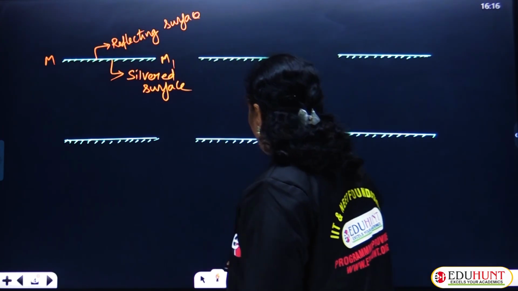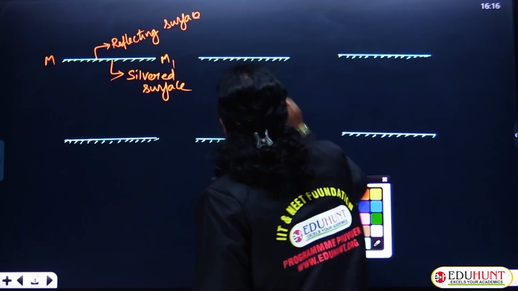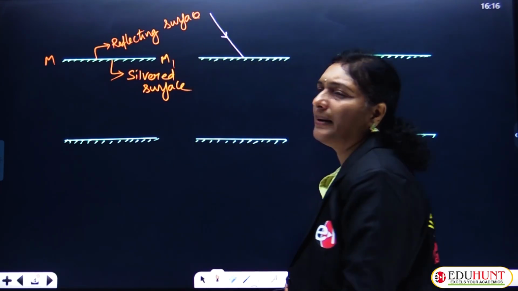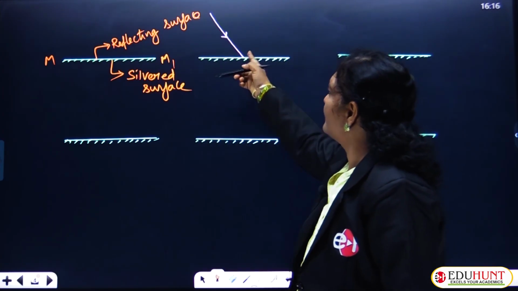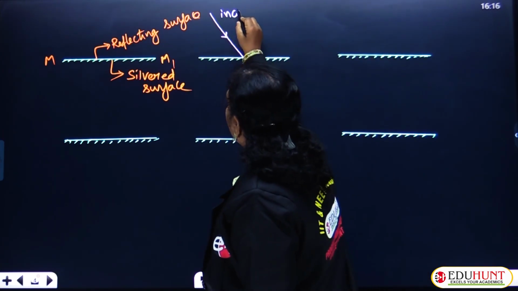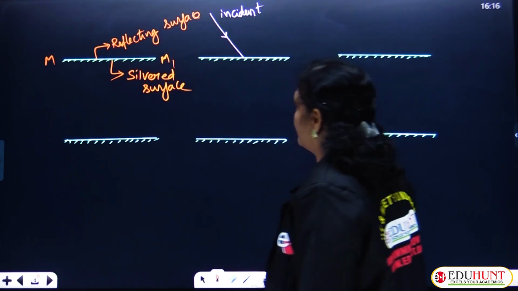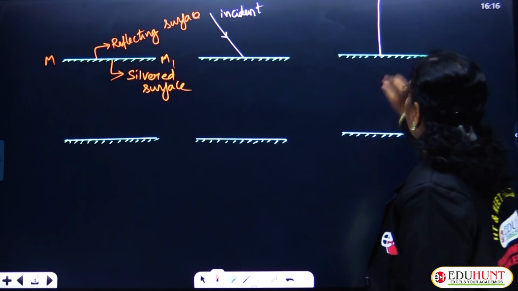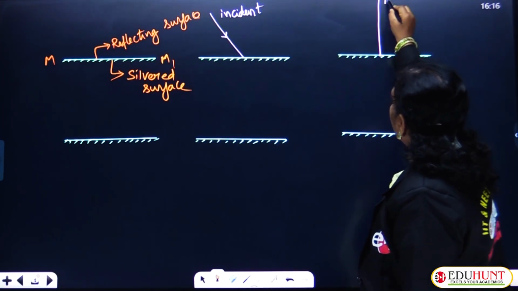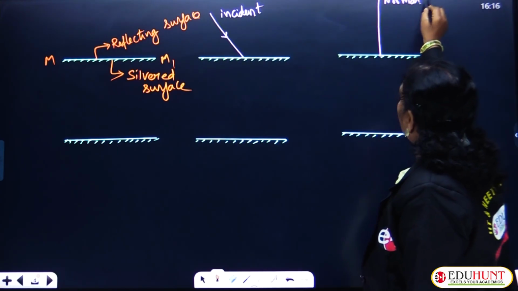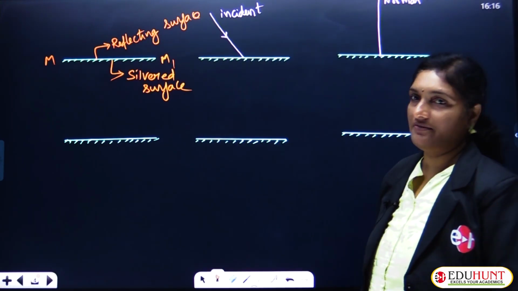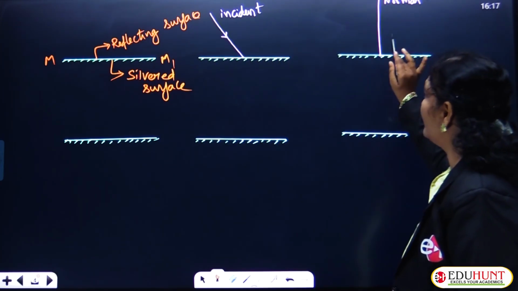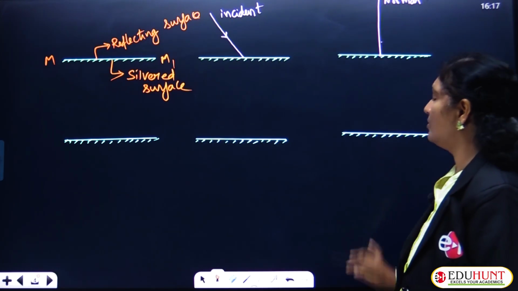Suppose some light ray is incident on the mirror at some particular angle. This is called the incident light. If you draw a perpendicular to this mirror, then the perpendicular drawn to the mirror is always called the normal drawn to the surface. This is the normal, the perpendicular, and this is the light ray.